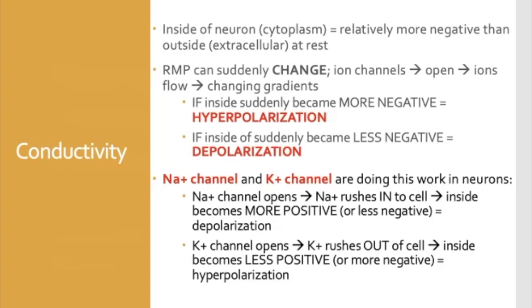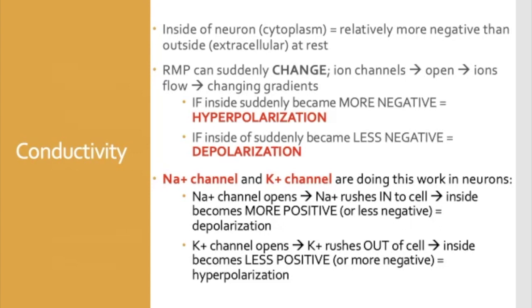Remember, there are 4 things that contribute the most to resting membrane potential: sodium, potassium, chloride, and protein. All cells have resting membrane potential. There are only 2 types of cells that can change that resting membrane potential into electrical current.